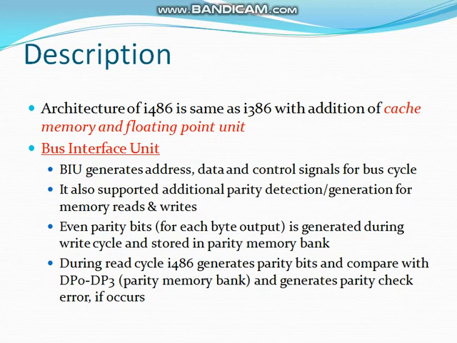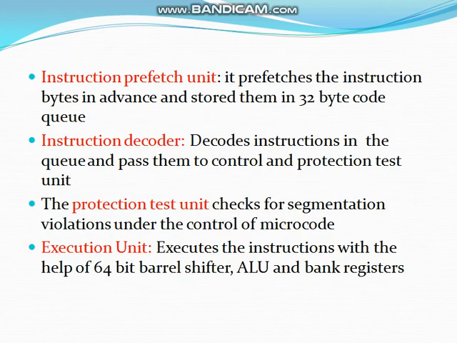During the read cycle, the 486 generates the parity bits and compares them with those already stored during the write cycle in DP0 to DP3. If they are the same, then there is no error. If these bits are different, then there is an error during the transmission. In this way this block is used, and these are the functions of the bus interface unit.